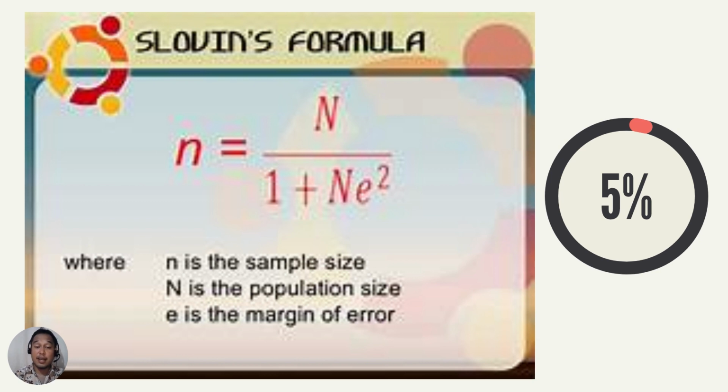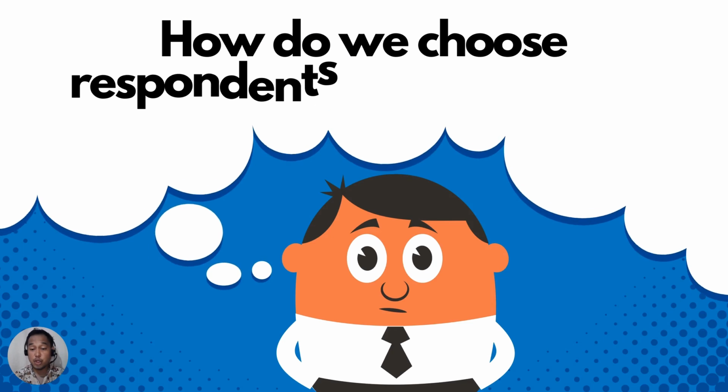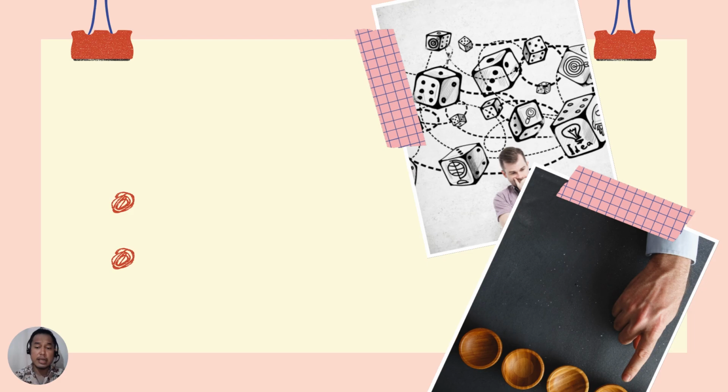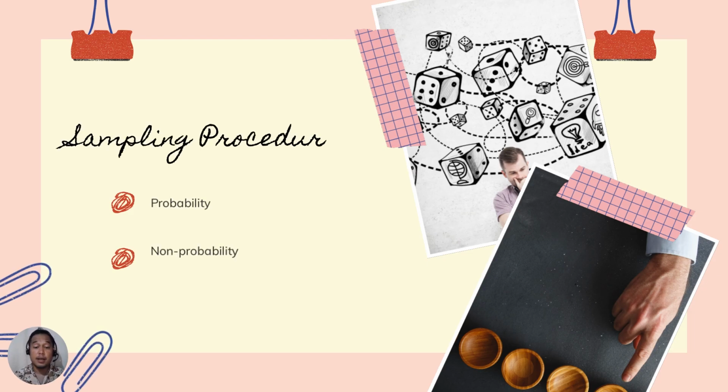Then, once you get the number of sample size, the next question would be, how do we choose respondents in the sample? So, how do we choose our respondents based on the sample we got, the number of respondents in the sample. So there are actually two sampling procedures: the probability and the non-probability sampling procedure.